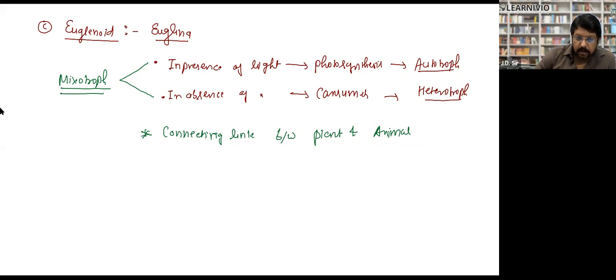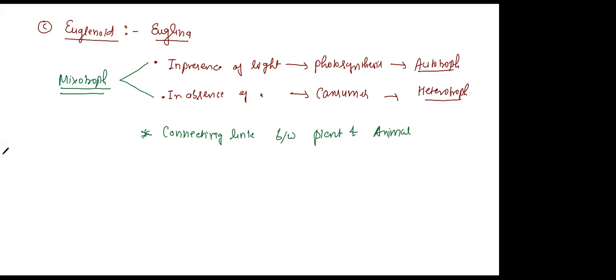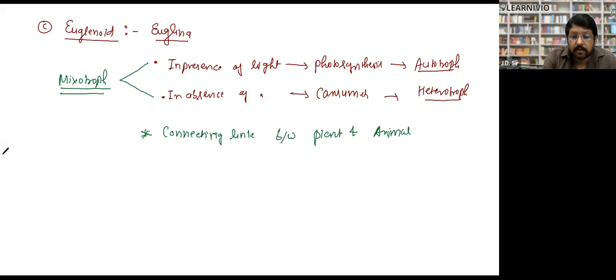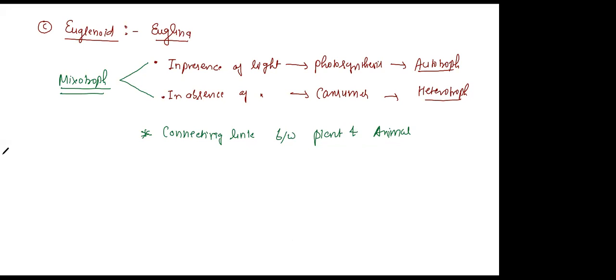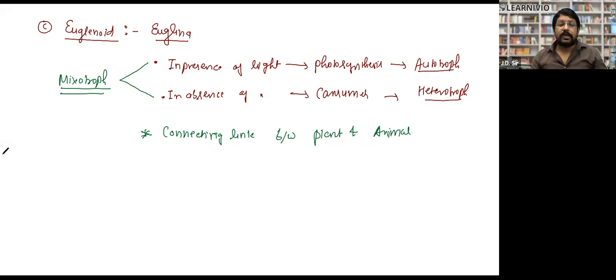Note it down. Euglenoid contain Euglena-like unicellular forms. Due to some network error, I left. Okay, so what did you miss? No, sir, just 5 seconds before. Okay, so no issue. Please note down the characteristics of euglenoid.